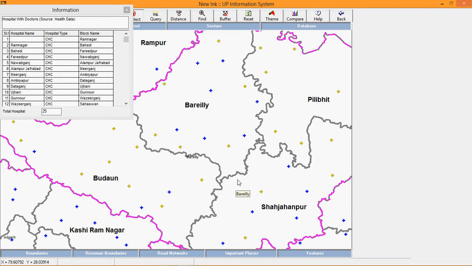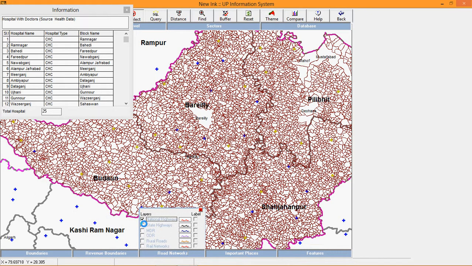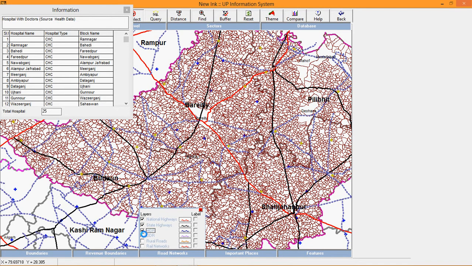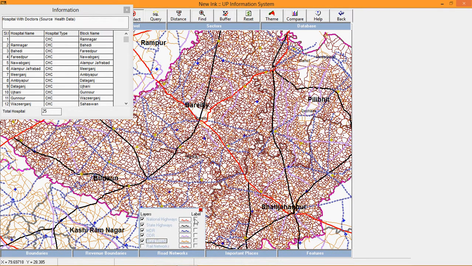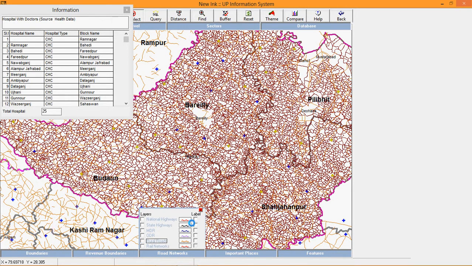Not only that, supposing Fortis decides about entering into PPP mode of intervention so far as health infrastructure is concerned, then this particular data can provide a lot of benefit to Fortis, like which are the hospitals, what is the population criteria to cater to, what are the road networks, road facilities and other facilities provided to the areas where hospitals are located, and what are the other parameters that Fortis can create.